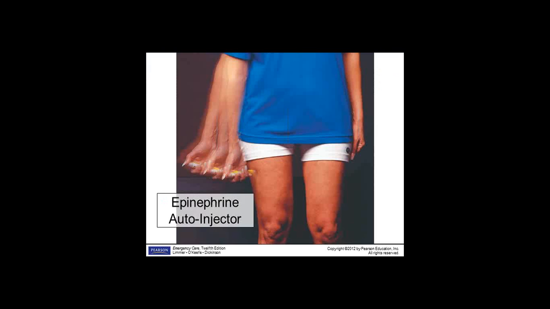An epinephrine auto-injector. If you want to stop and take a look in your textbook, they have the same picture in the text. But an epi auto-injector, this is a shot of adrenaline, basically, that the patient is going to get.